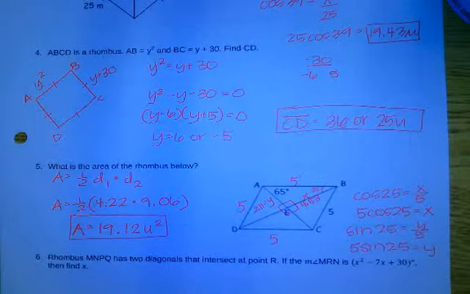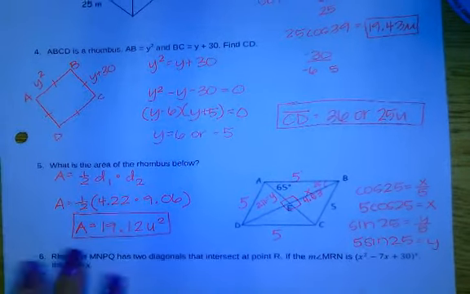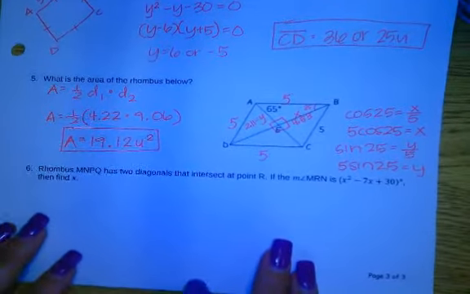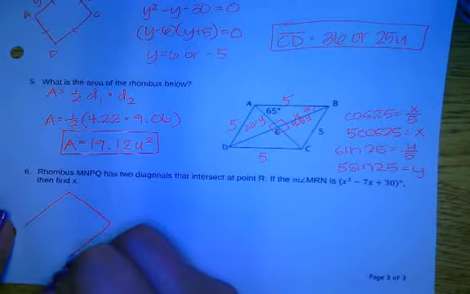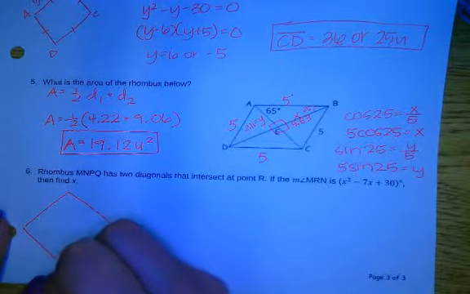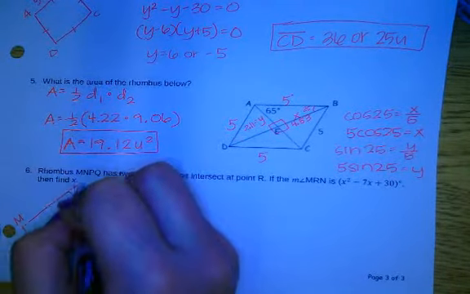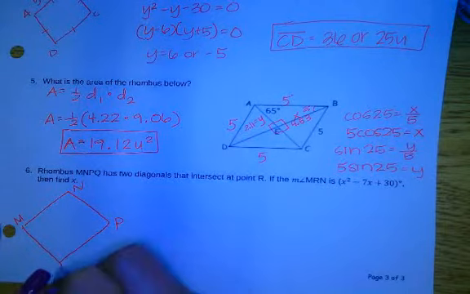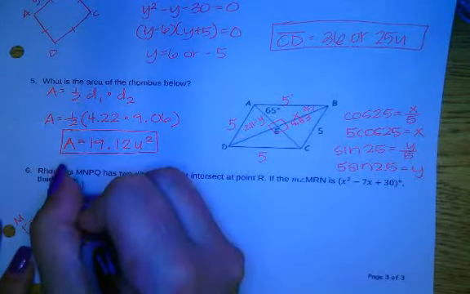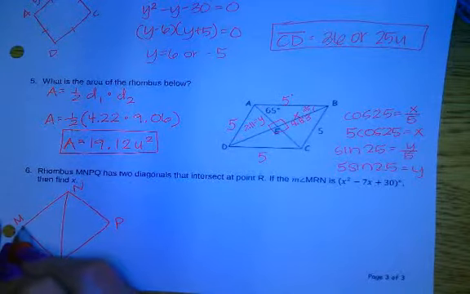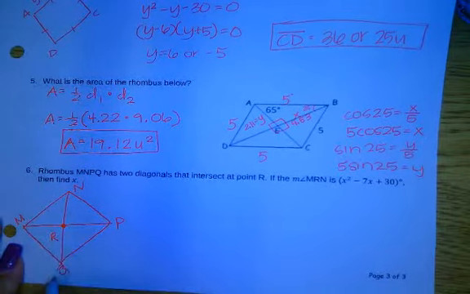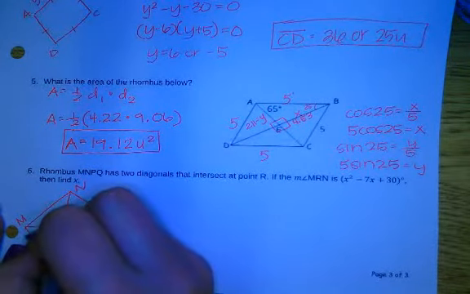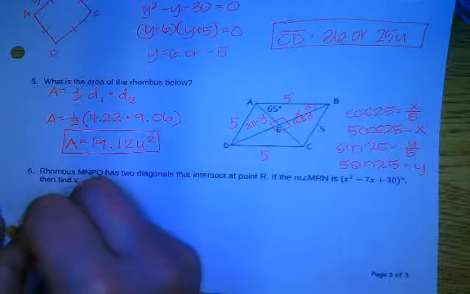Number 6. Rhombus MNPQ has 2 diagonals that intersect at point R. Let's just draw our picture first. Angle MRN is equal to x squared minus 7x plus 30.